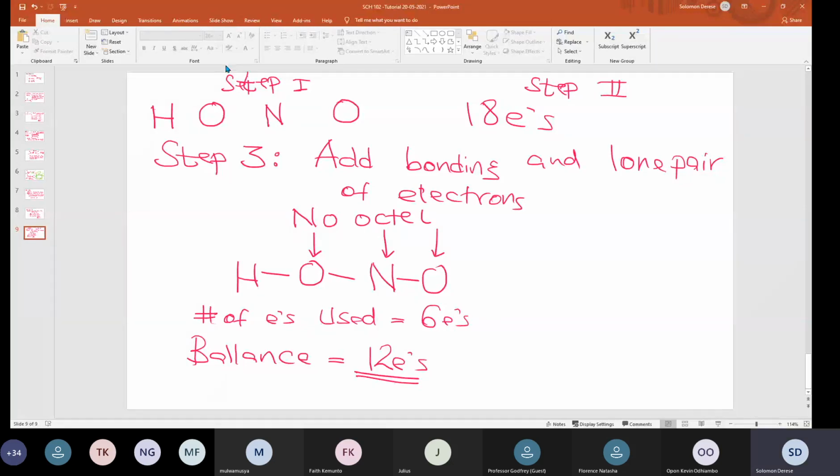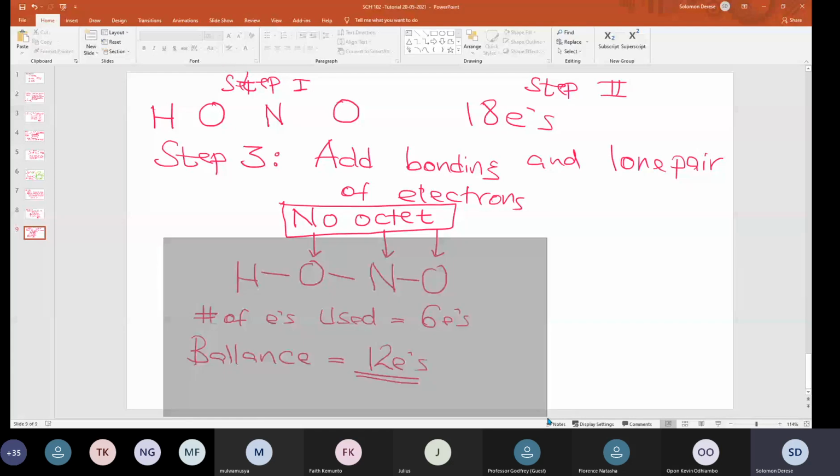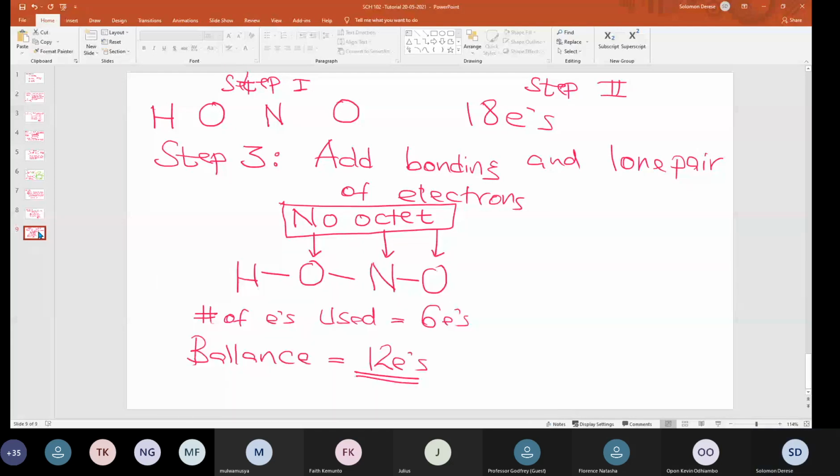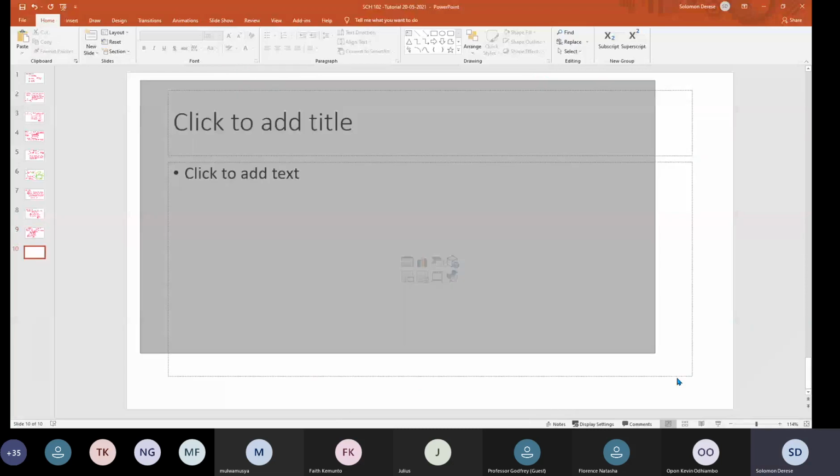Okay, so we have to satisfy the octet. Let me pick this one and take it to another slide. I will share the slides with you, don't worry.